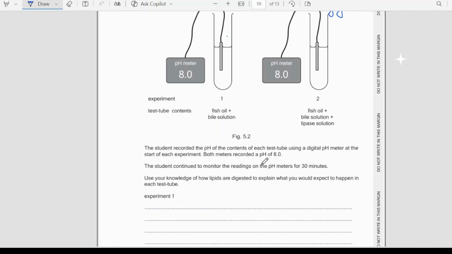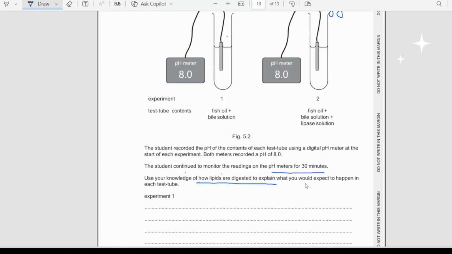Yes, small intestine. What is the optimum pH in the mouth? 7. What is it in the stomach? Good.